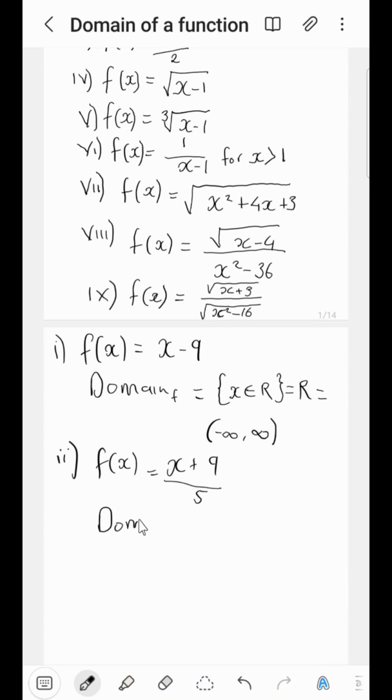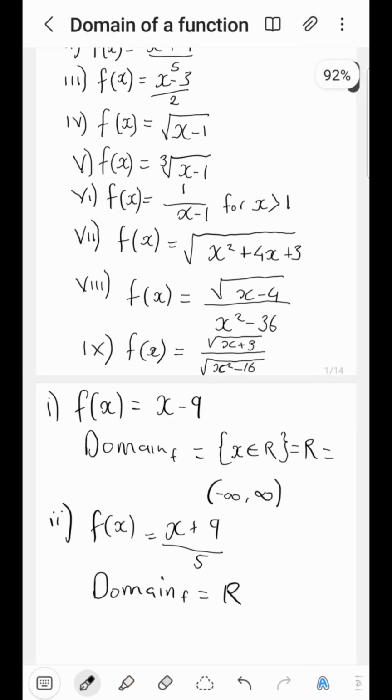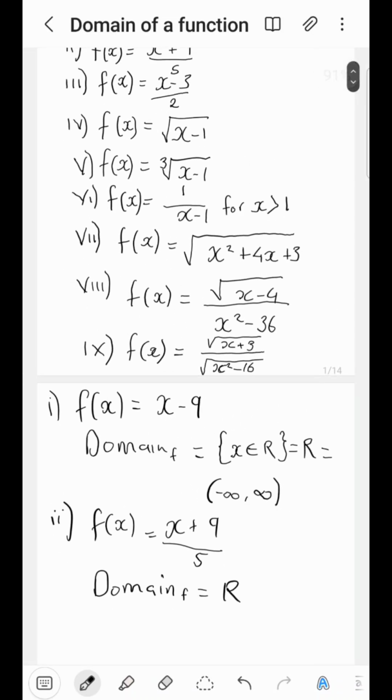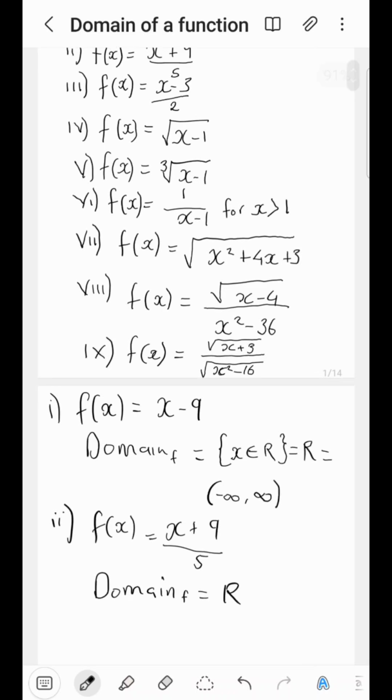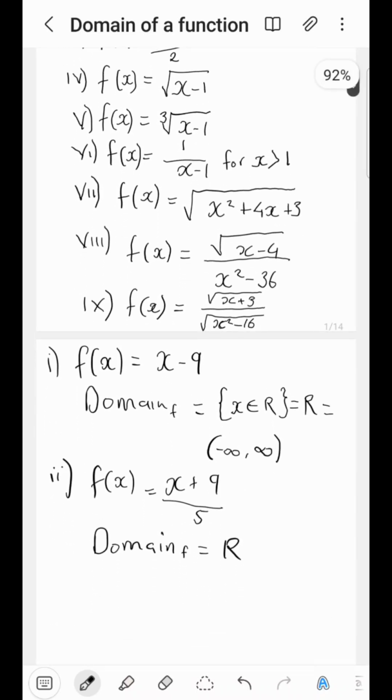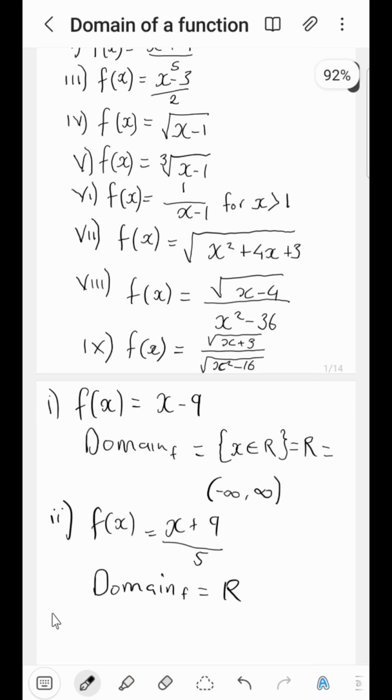Therefore, domain of f is equal to real numbers. Move on to the third one. f of x equals x minus 3 over 2.